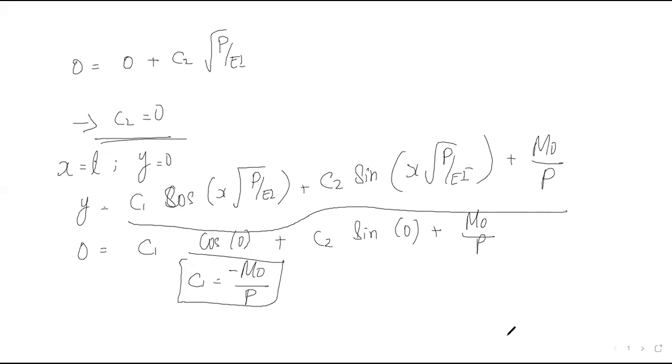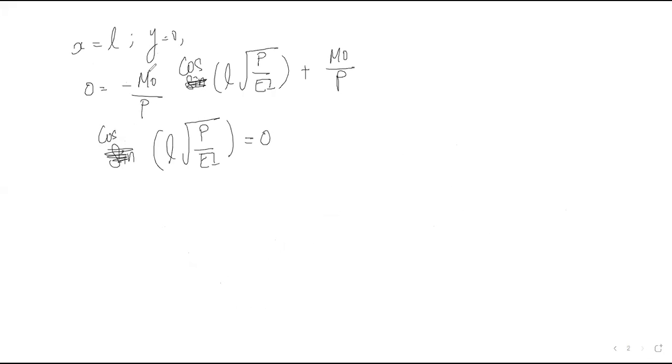So if I'm going to substitute this, then my equation becomes 0 into m naught by P. Okay, so m naught by P is a common term, so if I take it outside, it becomes 0. So for which terms is cos equal to 0? Cos pi by 2, 3 pi by 2, 5 pi by 2 and so on become 0.